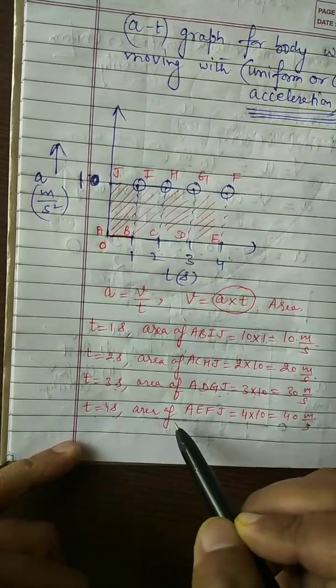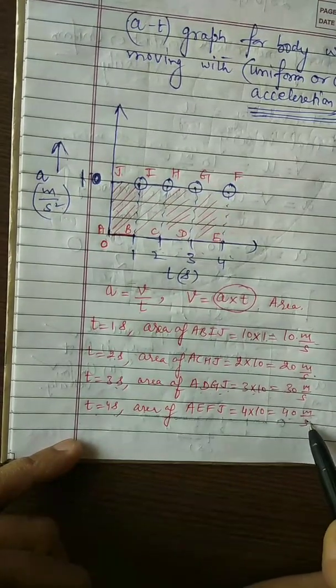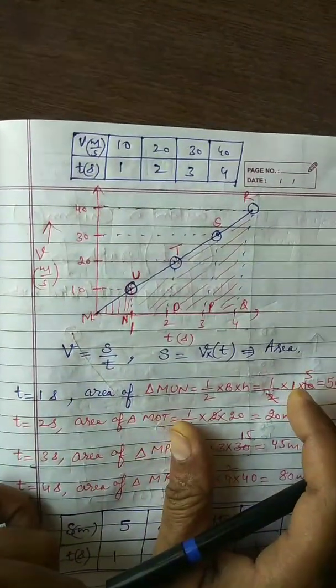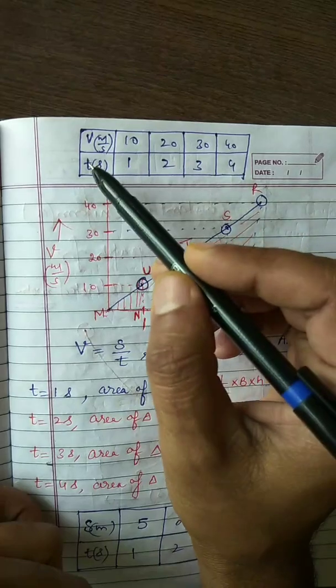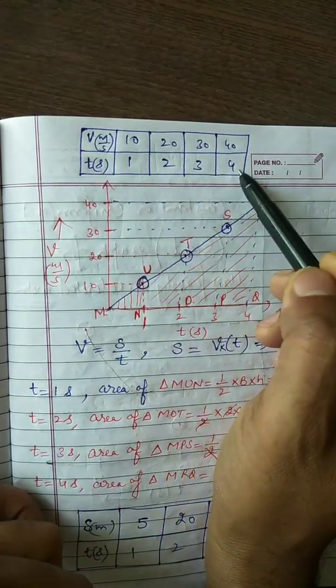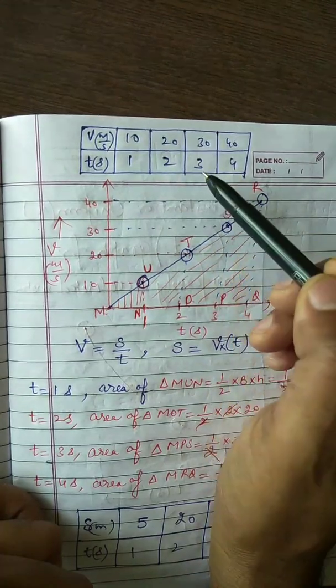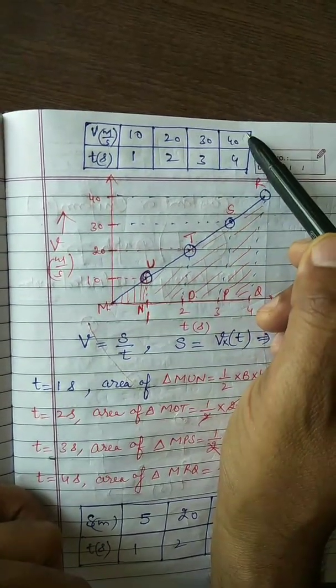And at T equal to 4 seconds, the area of AEFJ, that is 4 into 10, 40 meter per second. Now on the basis of that, you can get this data, that is velocity for this horizontal row and time for this horizontal row. For 1 second it was 10, for 2 seconds it was 20, for 3 it is 30, and for 4 it was 40 meter per second.